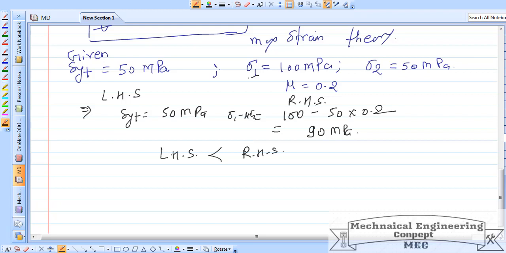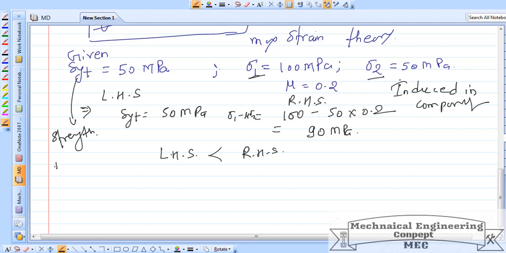So this sigma 1 and sigma 2 is the produced value, or we can say the induced value in the component, and this is the strength of the component for ductile material.